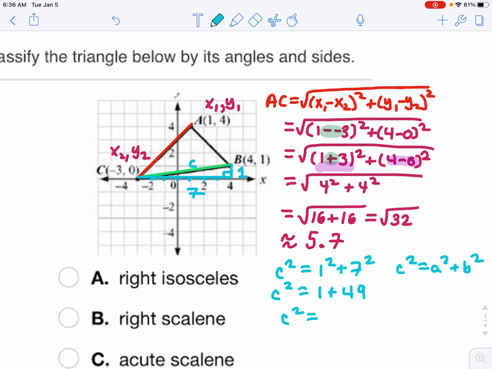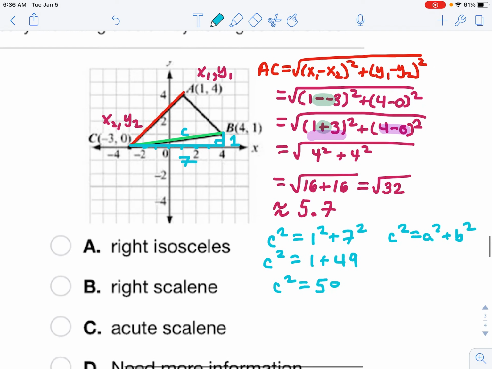C squared equals 50. Then I take the square root of both sides, and C equals the square root of 50, which is going to be a number really close to 7. Square root of 50 is about 7.1.